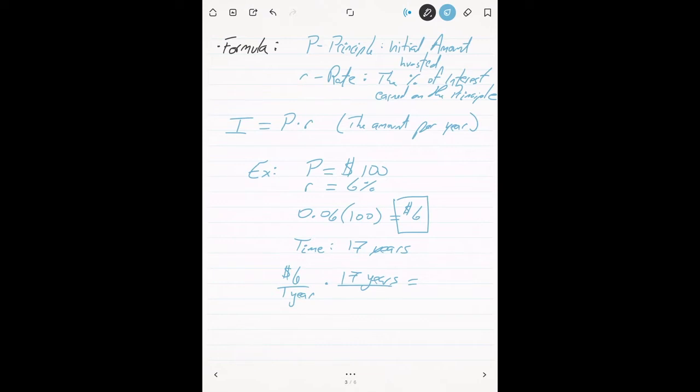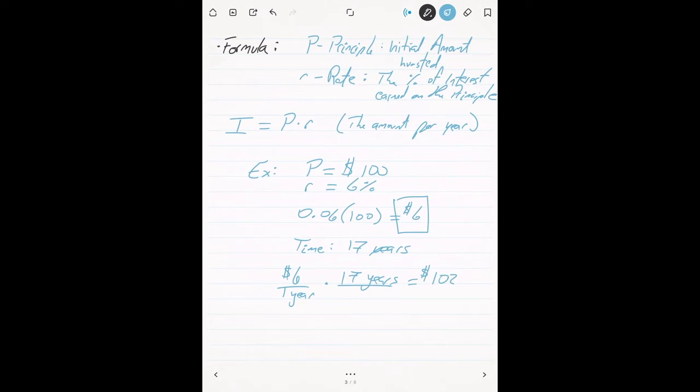All right, 6 times 17 should get us $102. So $102 is how much money you have earned in interest over the course of 17 years. Keep in mind, that's how much interest you've earned, okay? That's how much over the course of 17 years the bank has given you. That is not how much money is in your account, okay?